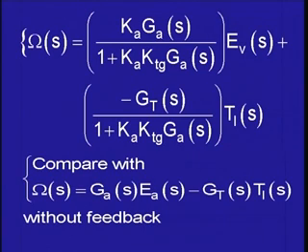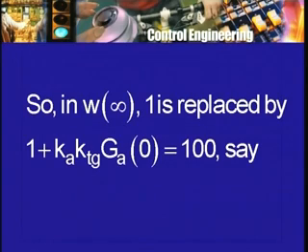Let me write this down. In place of 1, I have now 1 plus KA K tacho generator into GA(0). Now, this can be not small, it can be even comparable with 1 or even larger than 1, and if it is so, then the effect of the disturbance will be reduced very much.